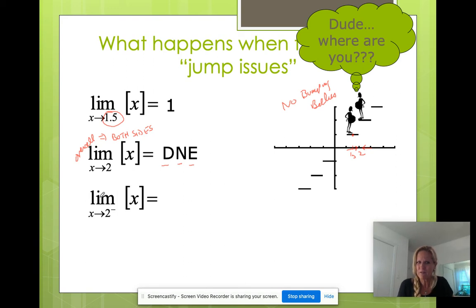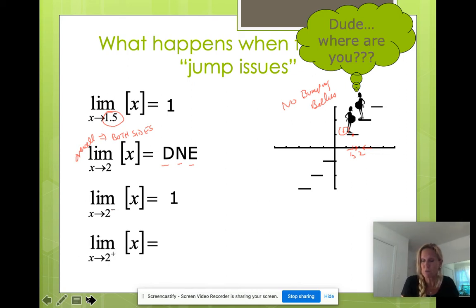What's the behavior of the function as x is really close to 2 from the left, like 1.99 and 1.9999? I only need to know about range walker 1, right? That's all I'm asking for. That level is 1. What about when I ask about range walker 2?